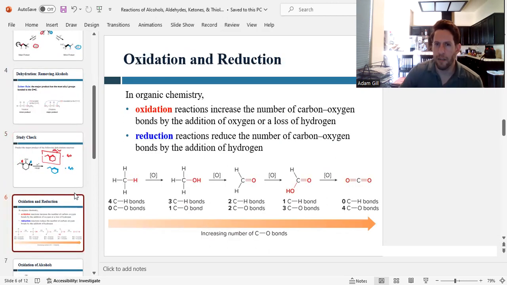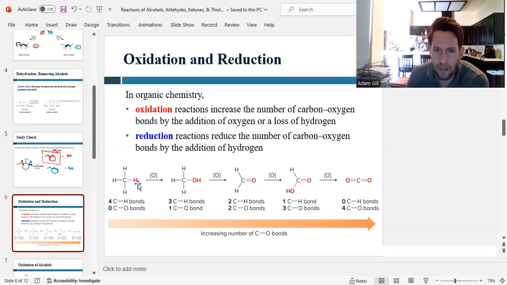Next reaction we're going to talk about is oxidation and reduction. And so this is what we did in lab last week, or earlier this week, I guess. And so oxidation refers to the number of bonds to oxygen that a carbon has. And reduction refers to reducing the number of bonds to oxygen.